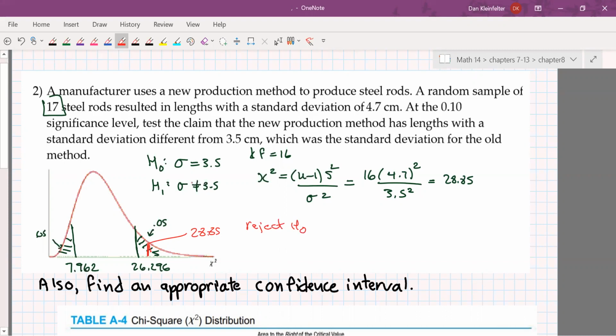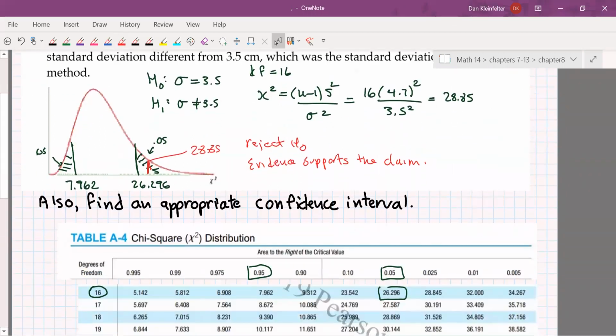It looks like the evidence supports the claim. So the difference there from 4.7 centimeters down to 3.5 centimeters is meaningful.